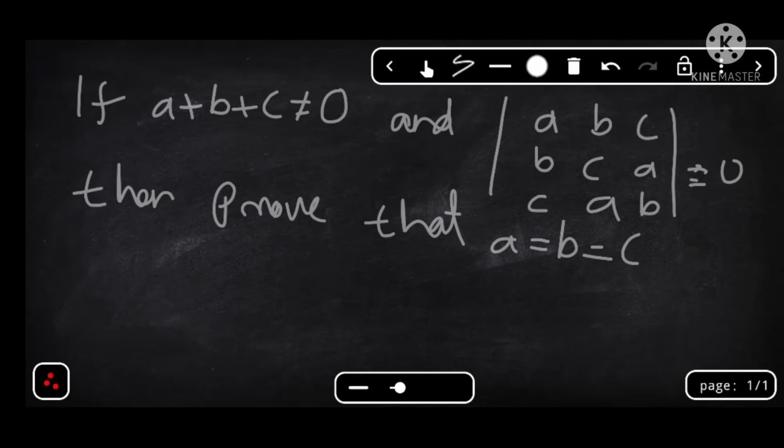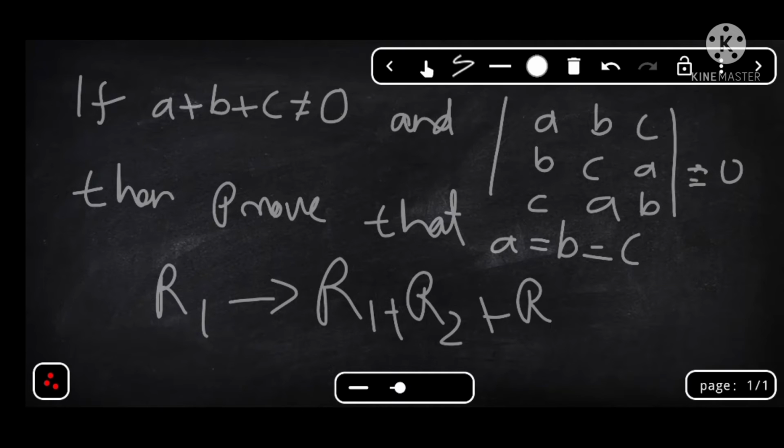If A plus B plus C not equal to 0 and this determinant is equal to 0, then prove that A equal to B equal to C. For that we are going to do R1 as R1 plus R2 plus R3. Okay, let's start solving.